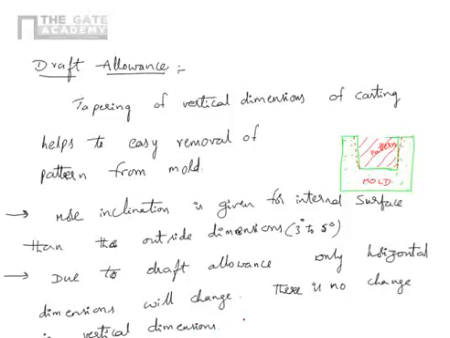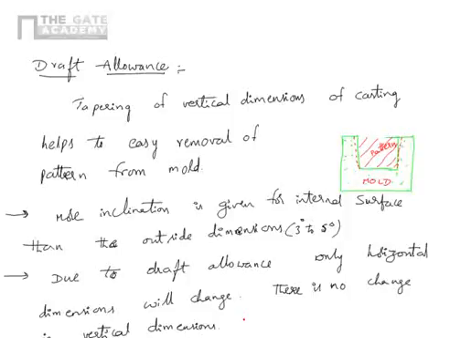Here, all these allowances are given for the pattern size, to calculate the pattern size. As we have discussed, with shrinkage allowance and machining allowance, the pattern size will increase for most of the metals. If you are using draft allowance in that particular pattern, then you need to change only the horizontal dimensions.